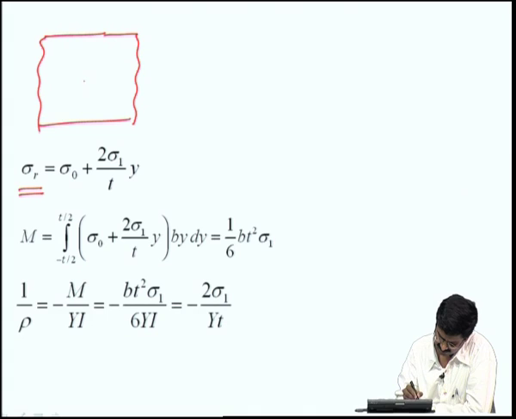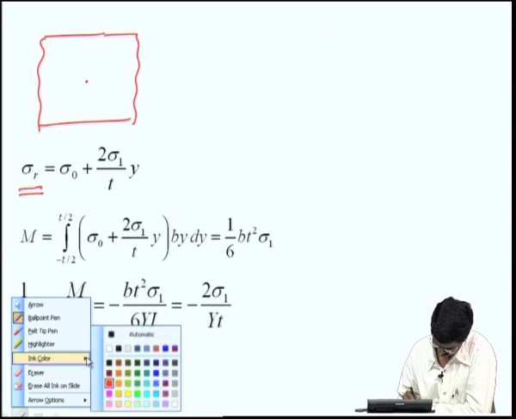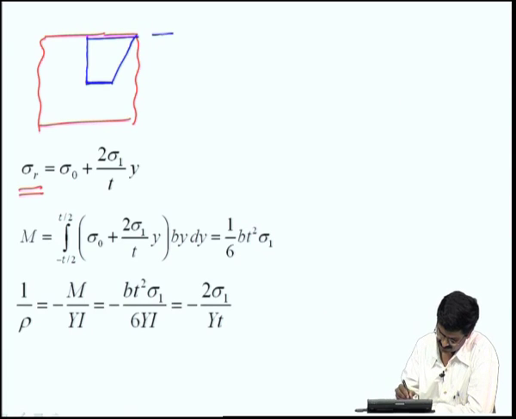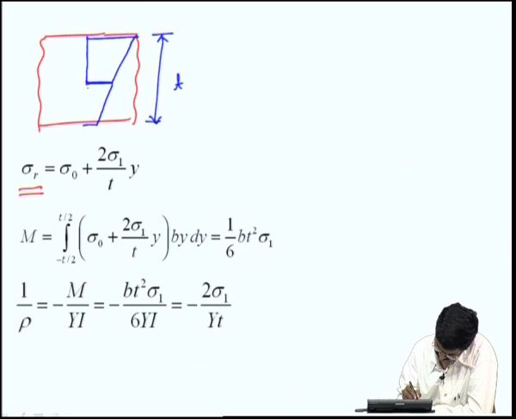say the beam, if I start from here, if I say the stress here is sigma naught, and then it increases to a value sigma naught plus sigma 1, because this whole thing is t by 2, if I substitute y equal to t by 2, that will become sigma 1, and then in the negative direction it may go to another value which is much smaller.